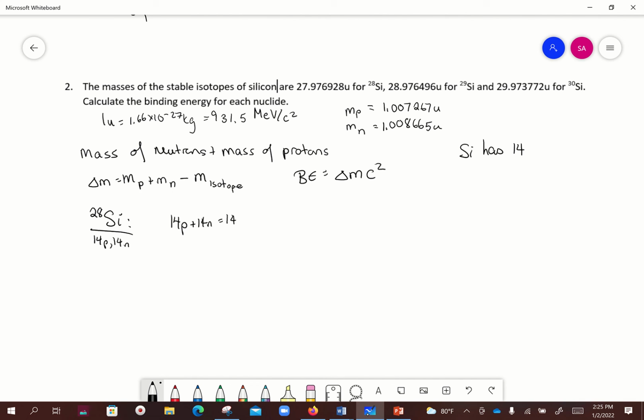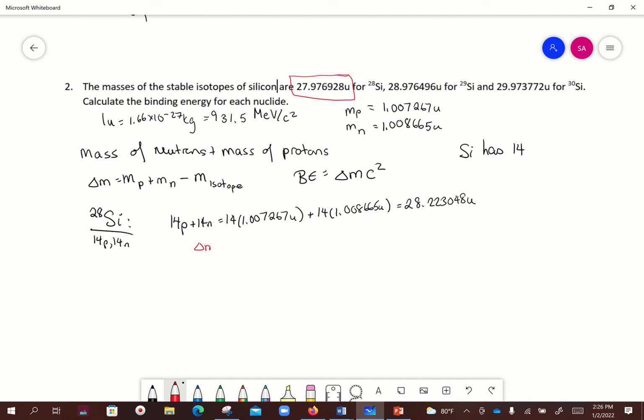So that's 14 times 1.007267 U plus 14 times 1.008665 U, and I get 28.223048 U. Okay, so that's the mass of the pieces that make up the nucleus. The mass of the nucleus itself is given by this number that I've just circled in red.